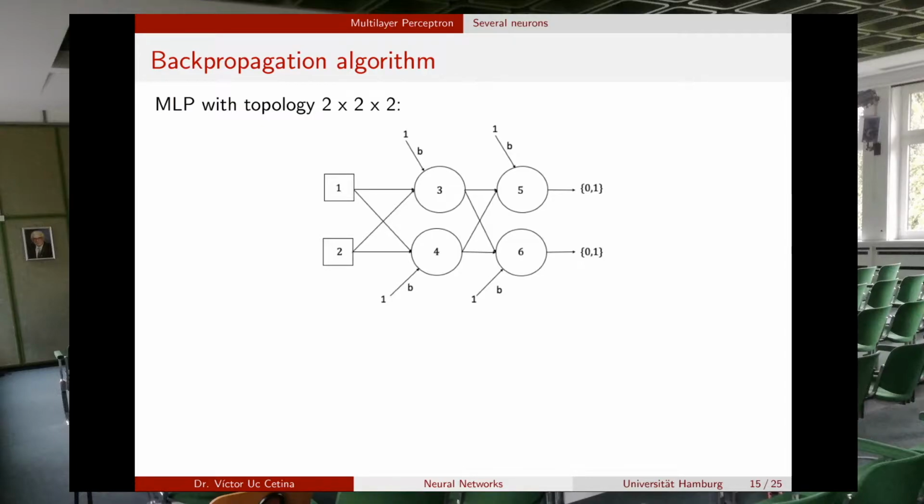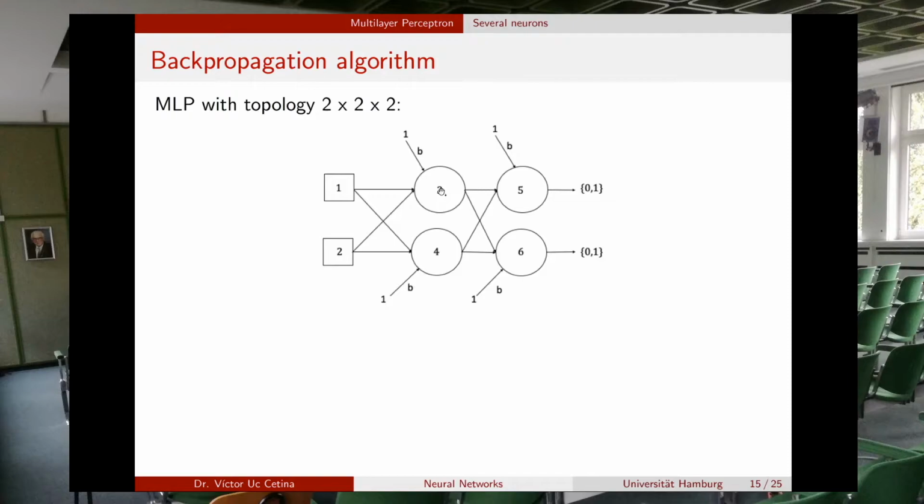Okay, so we went from one neuron to start working with layers of these units. And remember, every time you see a neuron, you can imagine that it is a simple logistic regression model, the one that you work with in the second exercise.